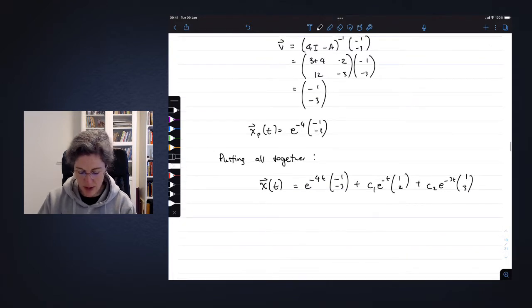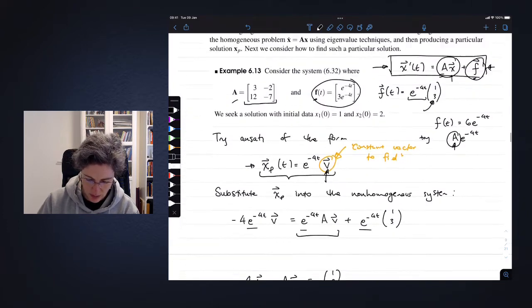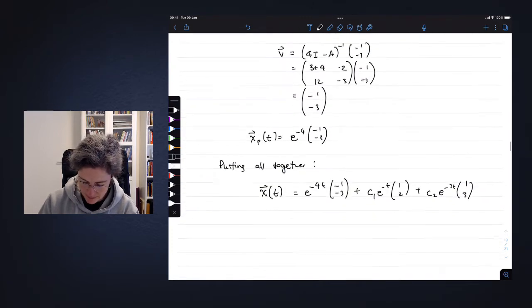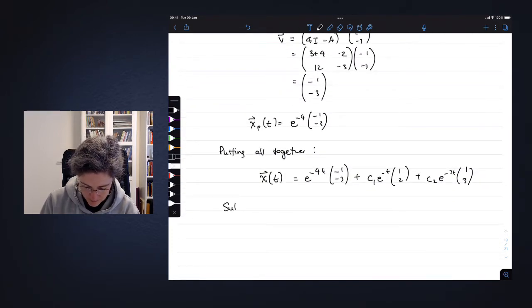Okay, so we've got our general solution, and then if you want to find the specific solution, so we want a solution with initial data, you plug that in. So let's substitute that our value of x at 0 is (1, 2).